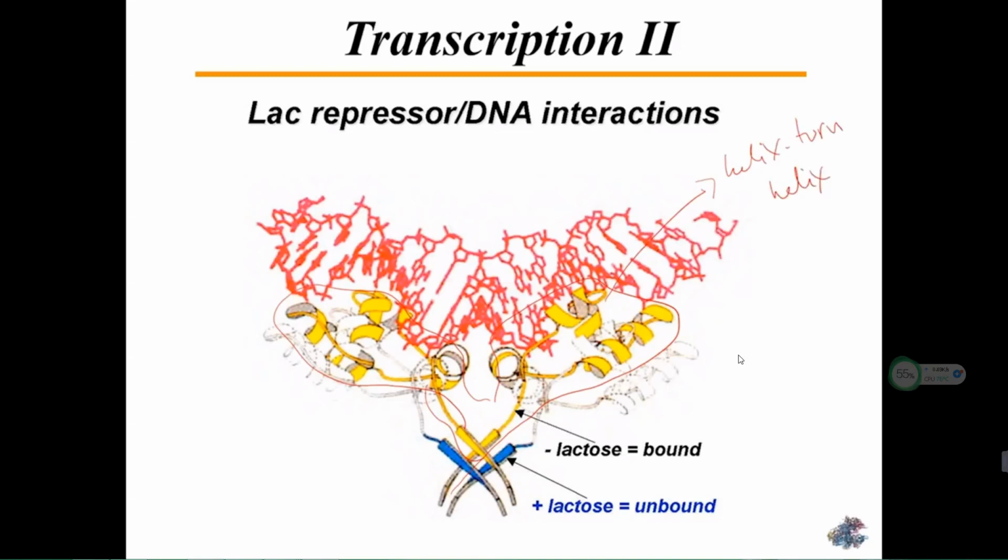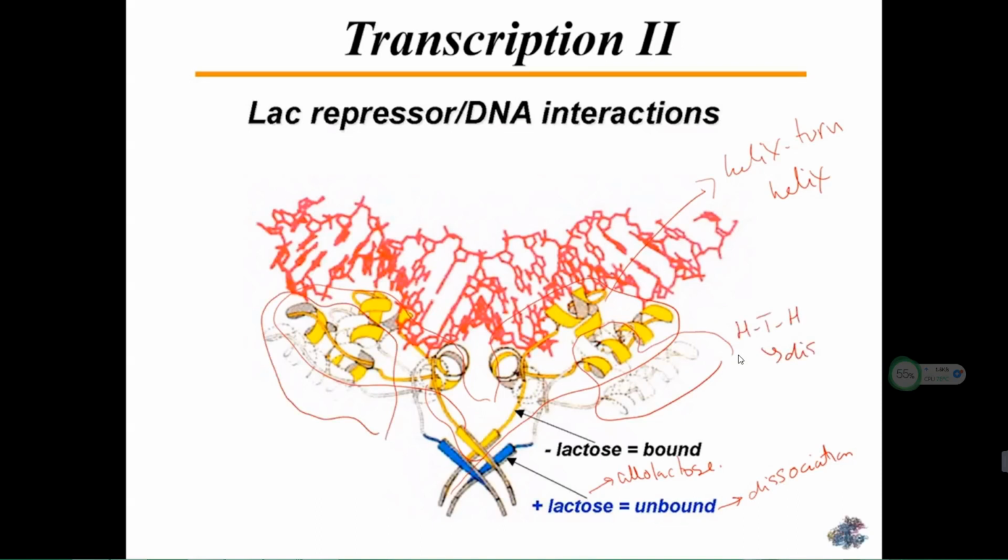When lactose is present, remember we get the synthesis of the ligand allolactose and binding to the repressor, which then leads to its dissociation from the DNA. And if you look at the dotted figure back here, you can actually see that the helix-turn-helix becomes disorganized.